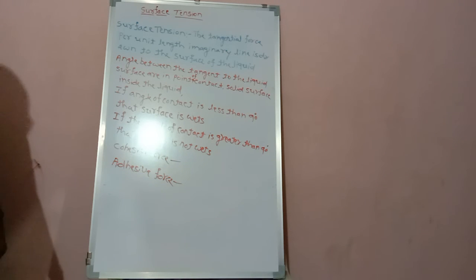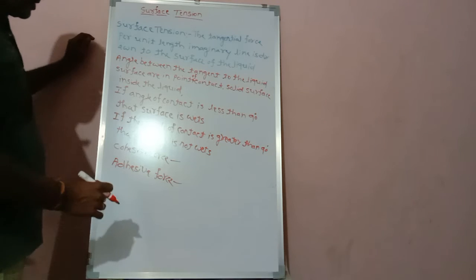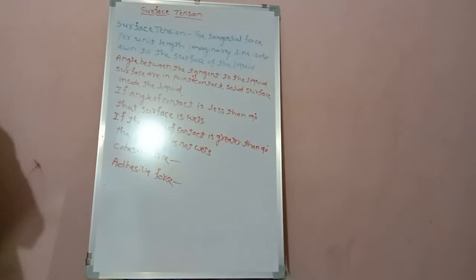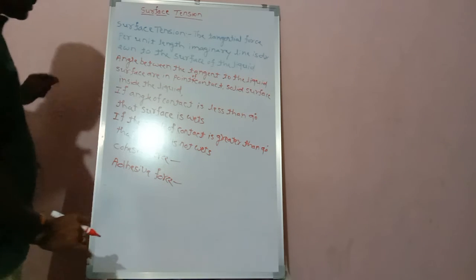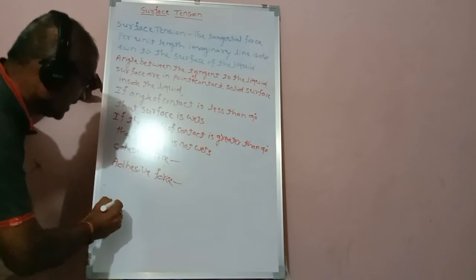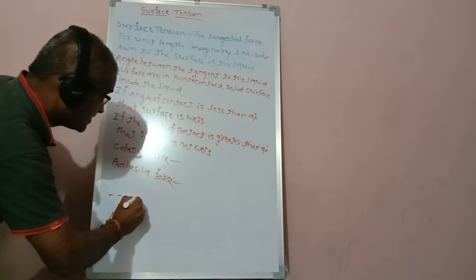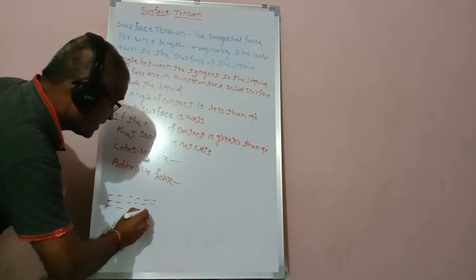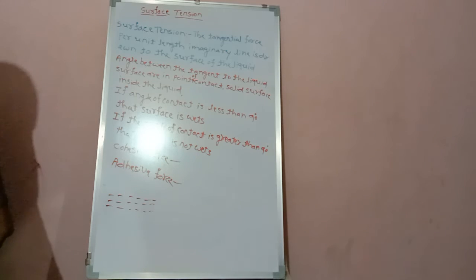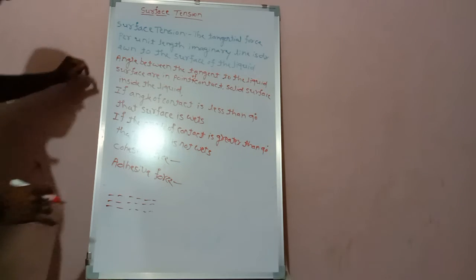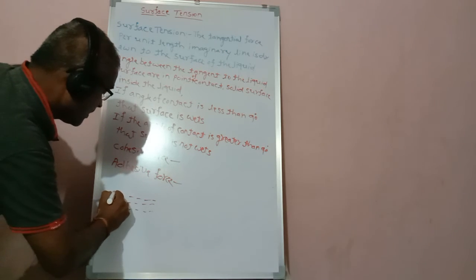And here is the excess pressure inside the curved surface. Here water or any liquid is there, and there is surface tension along that line.